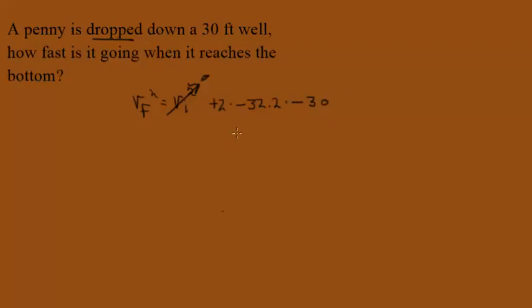And we can solve this, to get a final velocity squared value of 1932 feet squared per second squared, or the final velocity equaling 44.0 feet per second.